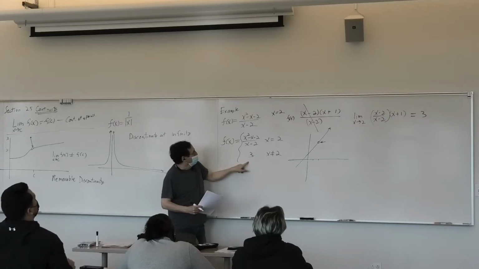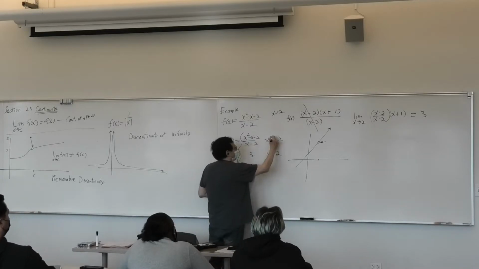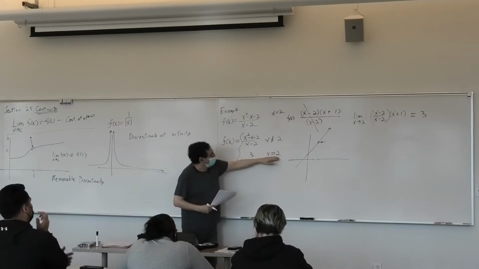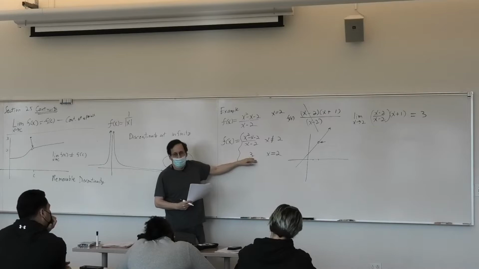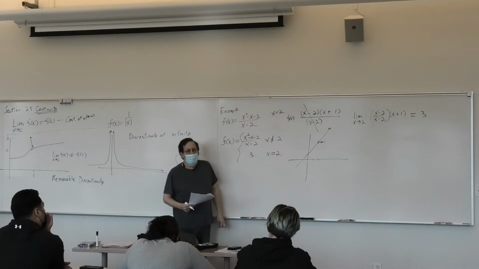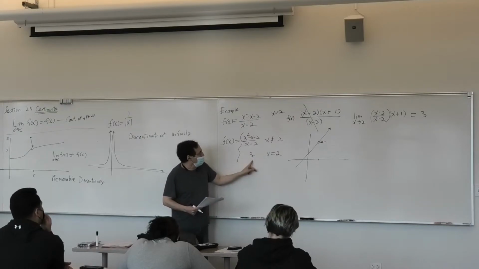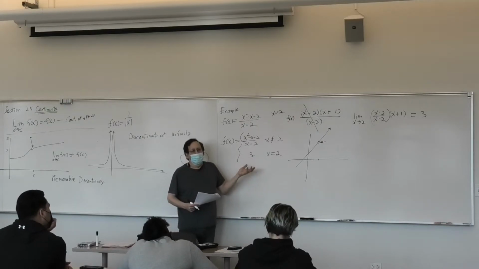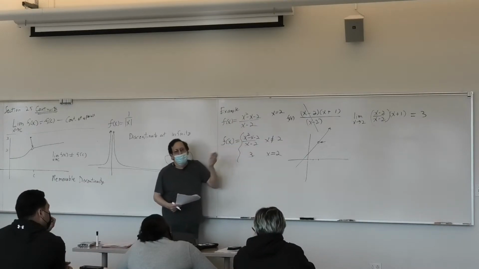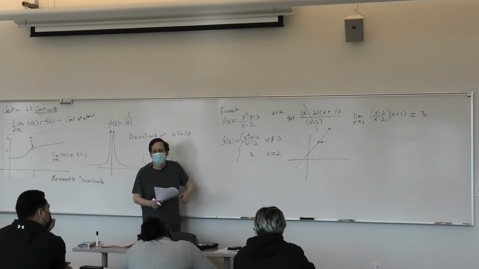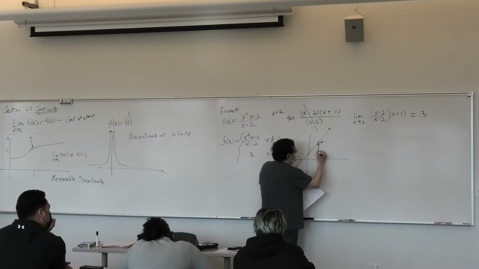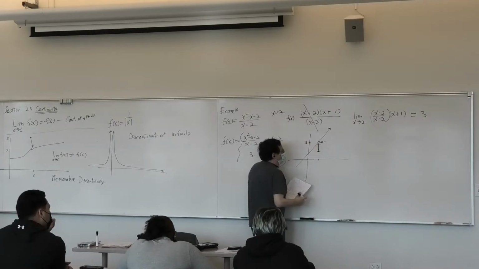See? So at 2, I define it as 3, and it kind of completes the function at that point. Since its limit is 3 at that point, it's continuous at that point. And everywhere else, it's a rational function that is continuous everywhere. So all we did is we just filled in that point, which happens to be a 3.